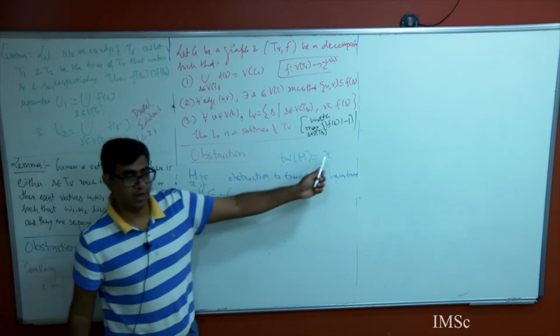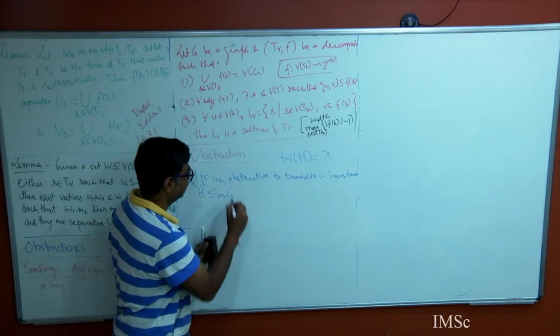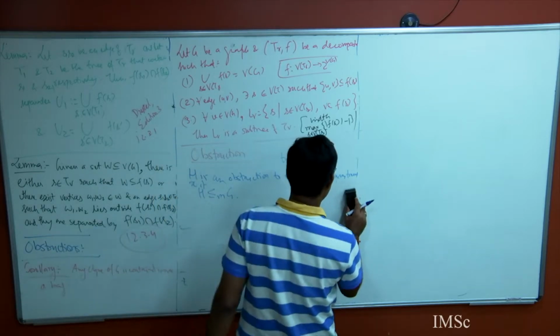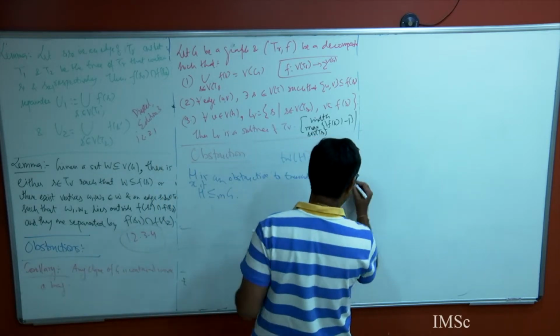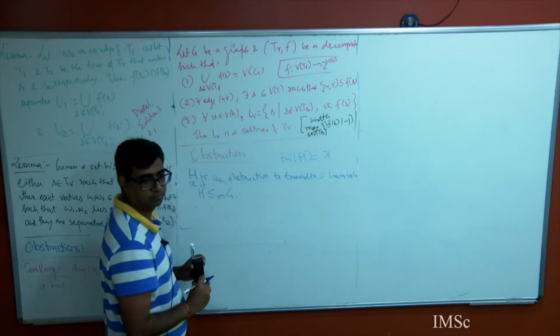So suppose treewidth of H is X, for some H. I say H is an obstruction to treewidth of G having value X if H is a minor of G, right.